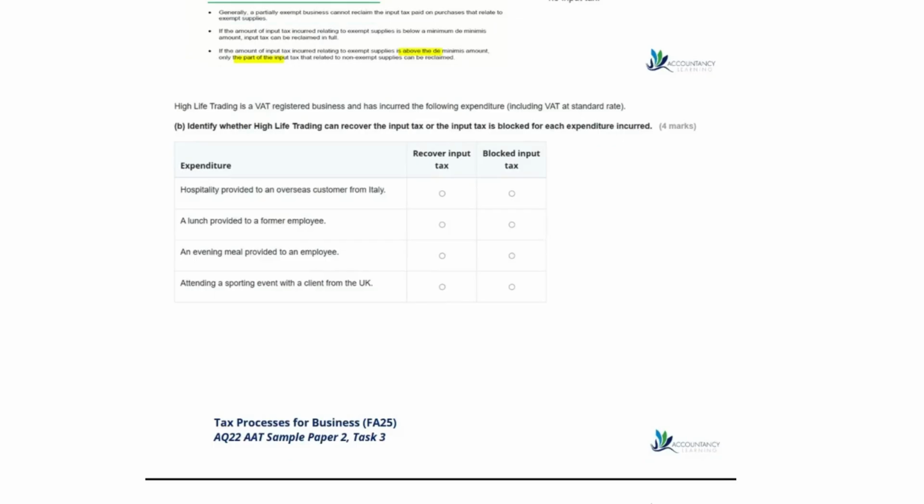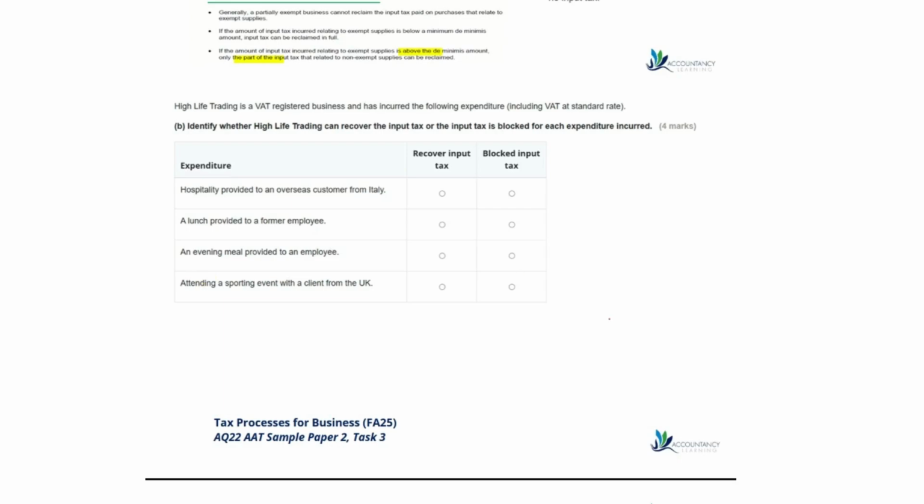High Life Trading is a VAT registered business and has incurred the following expenditure, including VAT, at a standard rate. Identify whether High Life Trading can recover the input tax or input tax is blocked for each expenditure incurred. So this is largely all about sort of entertainment.